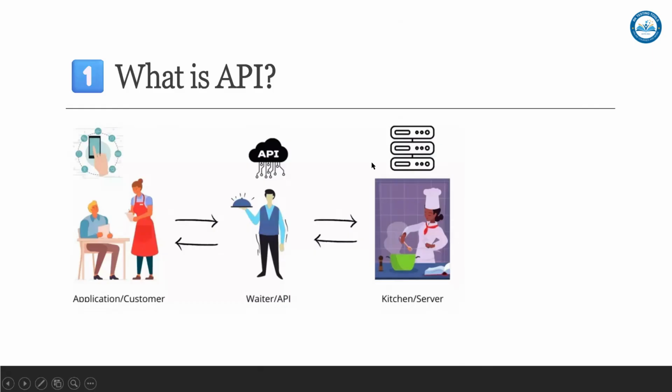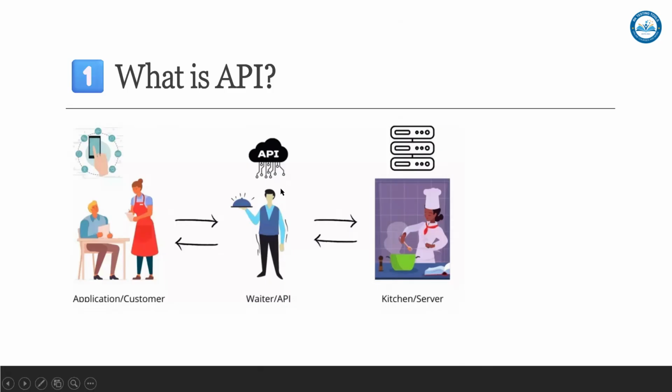The request can be of any type: food, cool drink, coffee, tea, or something else. Whatever request is given by the customer, the waiter holds it and sends it to the kitchen, and the food is prepared in the kitchen, and the waiter carries it back to the customer to hand over.